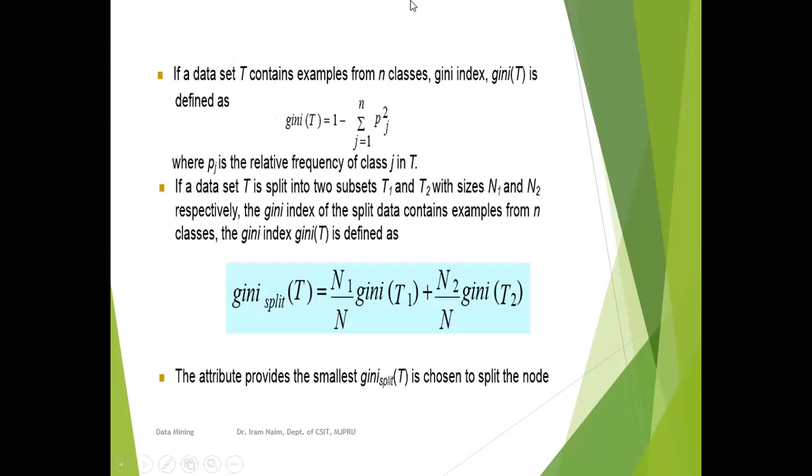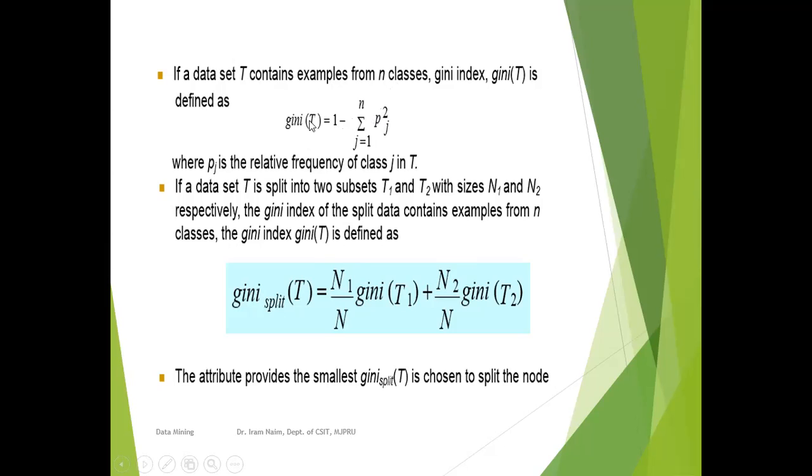So how do we calculate the Gini index? We use this formula, where Pj is the relative frequency of j in T. It means how many times j appears in the complete data set. Suppose T contains examples from n classes, where T is your complete data set.